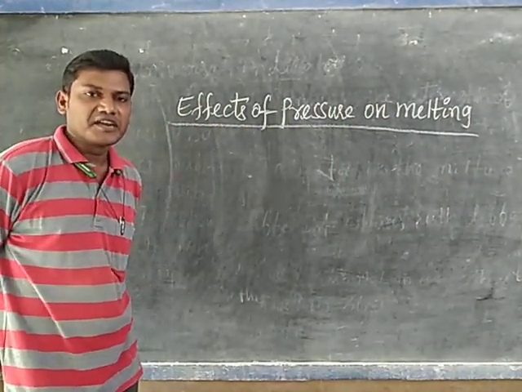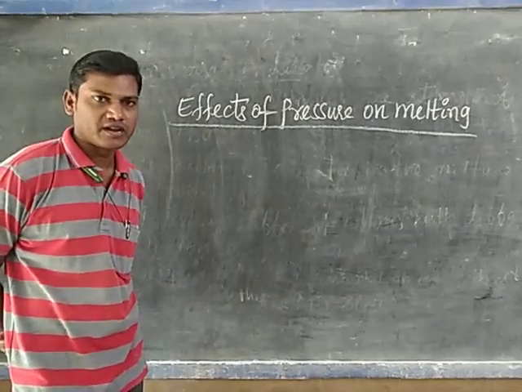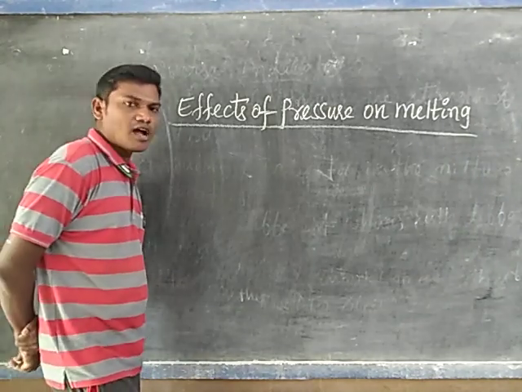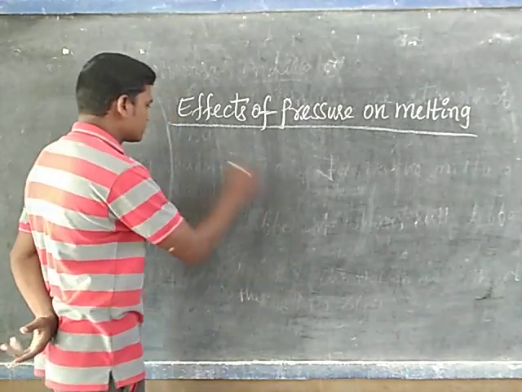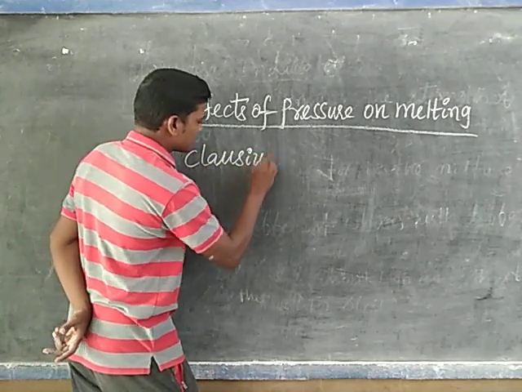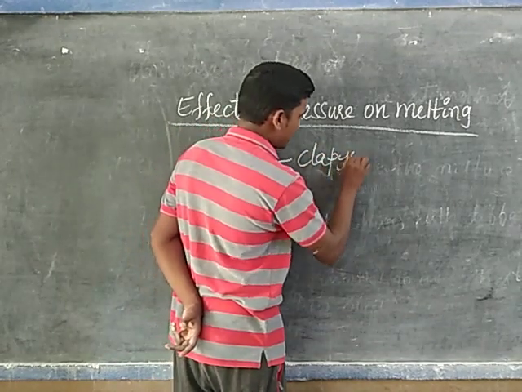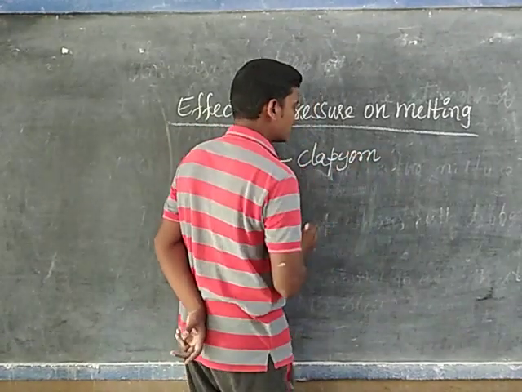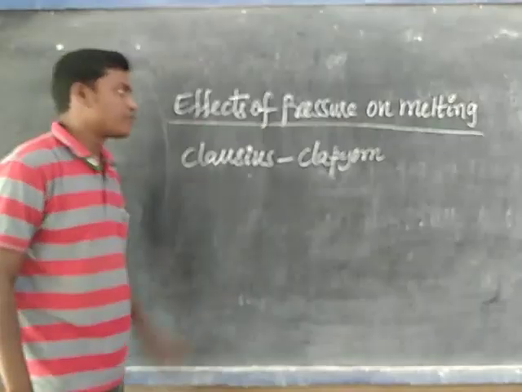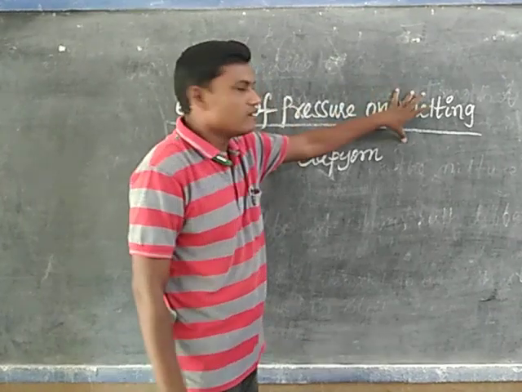Actually, in the intermediate level, that is +1, +2 standard, mostly in the +1 thermodynamics chapter, based on the thermodynamic concept, Clausius and Clapeyron gave a relation between pressure and melting.